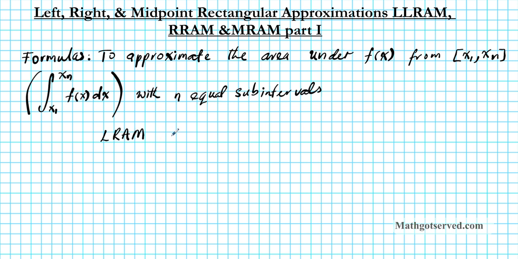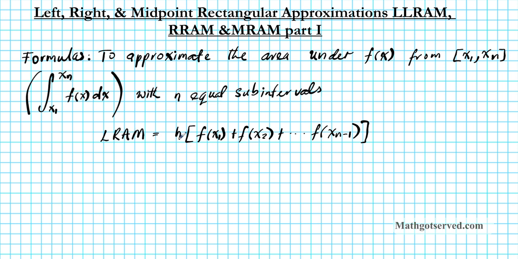If you want to do the LRAM, that is equal to h times f of x1 plus f of x2 plus, up to f of x sub n minus 1. Now what we're doing is calculating the area of n rectangles.